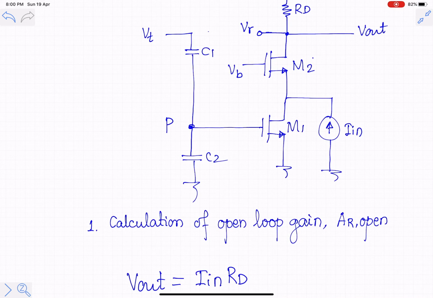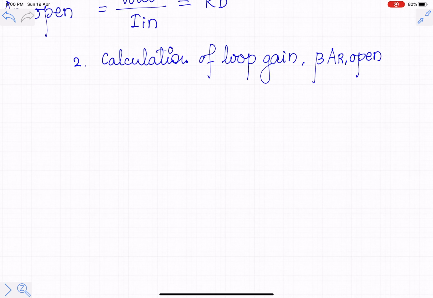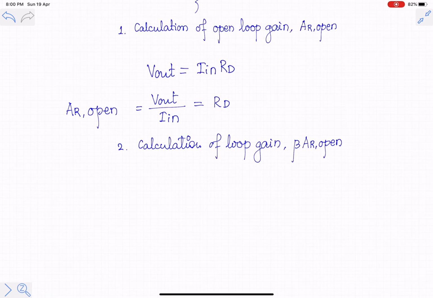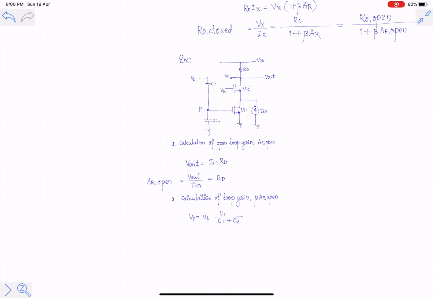So from this you can see that the voltage at point P, Vp, is equal to Vt into C1 divided by C1 plus C2, simple voltage division rule. So this is the voltage Vp.